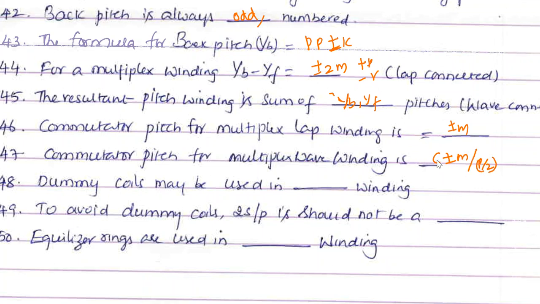Next one, dummy coils may be used in a dash winding. The dummy coils are used in the wave winding, and to avoid the dummy coils, 2C by P should not be an integer. And equalizer rings are used in a dash winding. The equalizer rings are used in the lap connected winding.